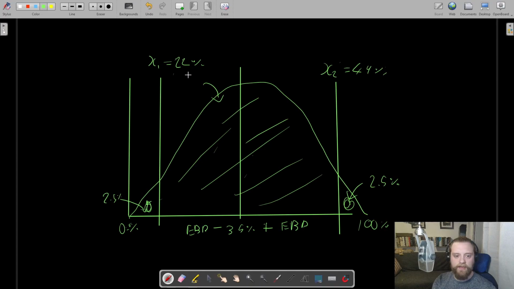So what we can say is, with 95% confidence, our true population value is between 22% and 49%. But our central estimate is 35%.